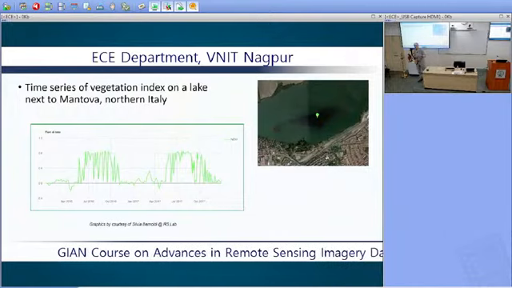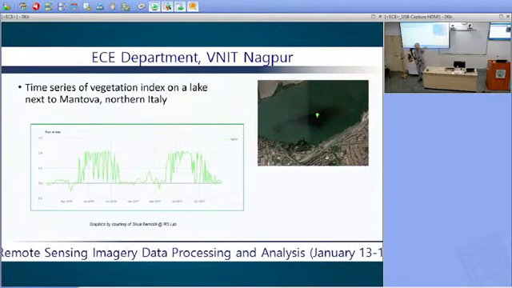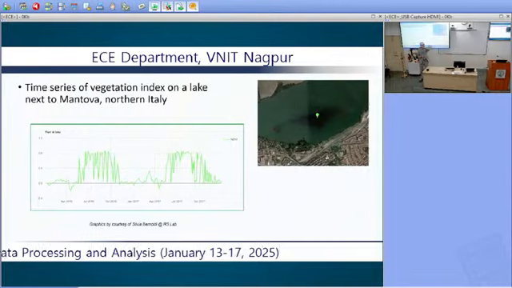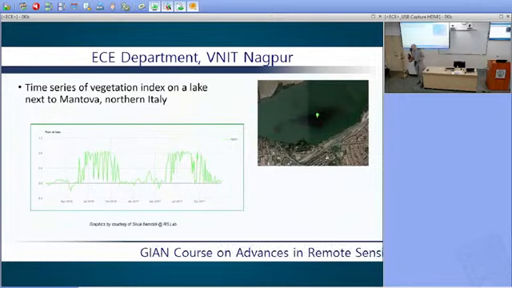Interestingly, you look at a water body, and from time to time, actually in summer, you find that the vegetation index suddenly goes up and it remains there for the entire summer, and then it goes back to 0, which is the expected value for water. What do you think may have happened there? There's a hint there, but it's written in Italian.